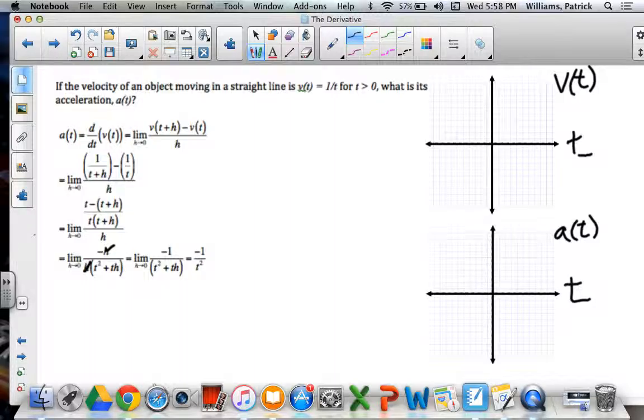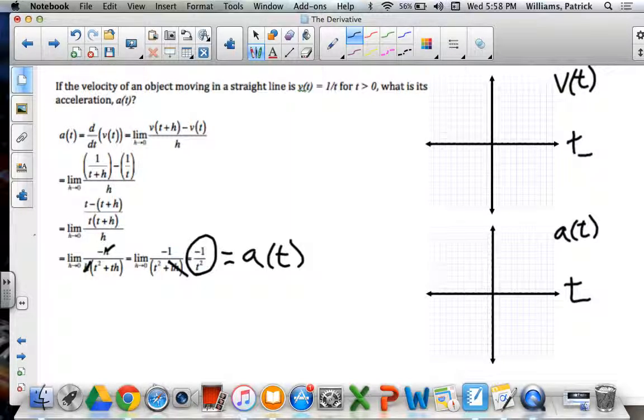So those go away. If we do that and cancel those out, we'll get this. If we plug in h equals 0 into this limit, this term will go away, and we'll just be left with negative 1 over t squared, and that will be our acceleration function. If you couldn't do this one, go back and try it from the beginning and just try to do it again. It's really good practice.